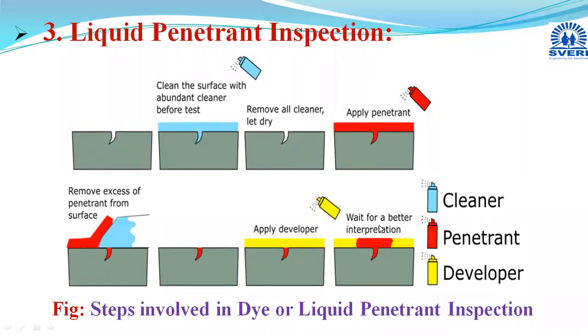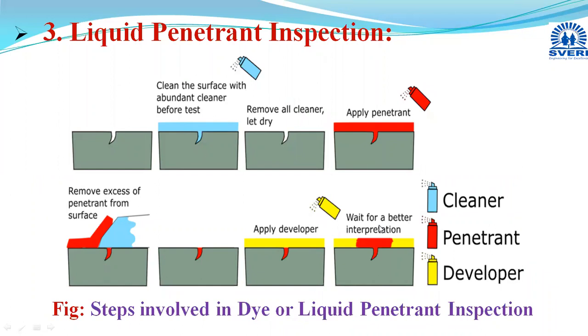In this way we can detect the defect, and this method is termed as fluorescent penetrant inspection method, where we are using the zyglo dye as a penetrant. So this is the fluorescent penetrant inspection method.